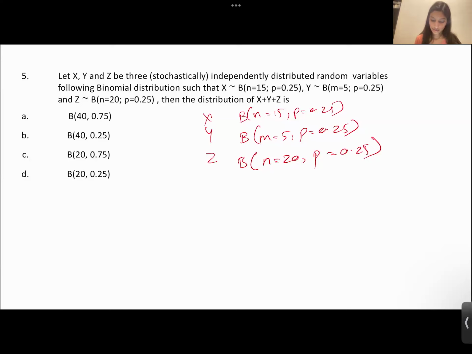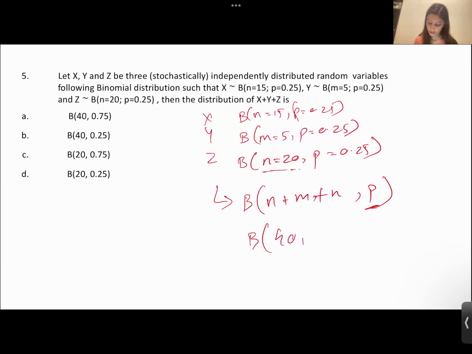So the sum of all these would be b of n plus m plus n, comma p. You don't sum up the probabilities. The probability will remain the same, but you just sum up the n, the number of trials. So what will be the answer? 15 plus 5 plus 20 gives you binomial distribution of 40, comma 0.25.